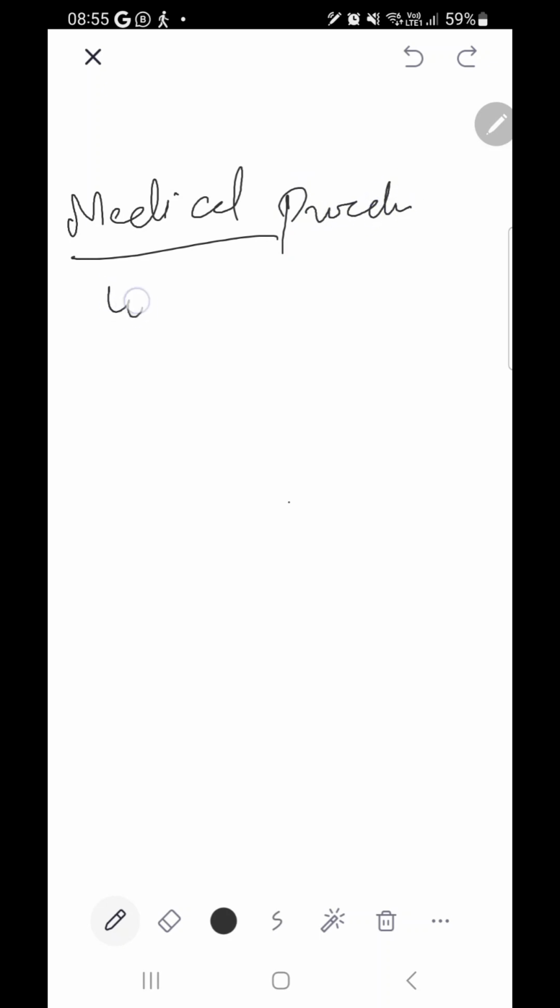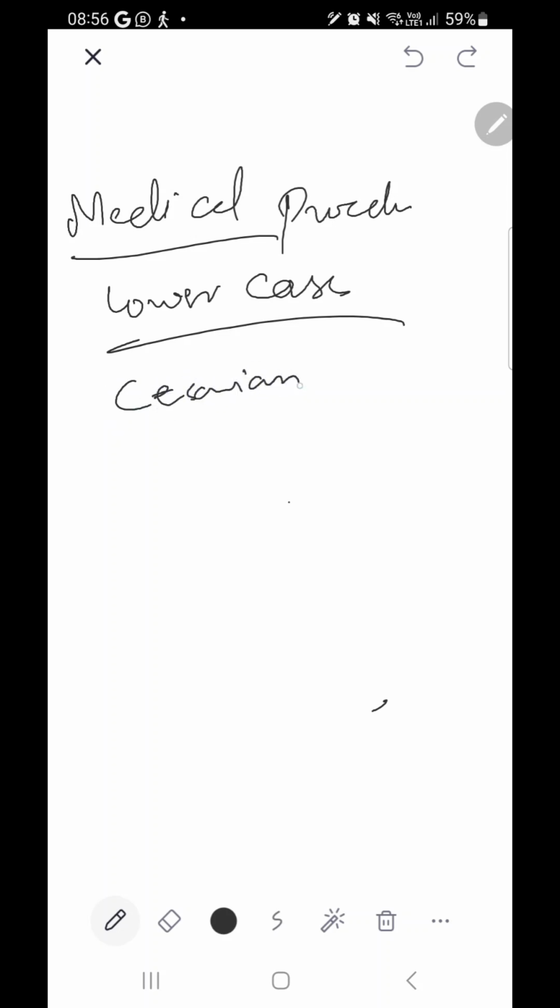So medical procedures, you have to write in lowercase, right? Even an investigation or, let's say, C-section, you can write in full form. It should be in lowercase. C is not capital, right?